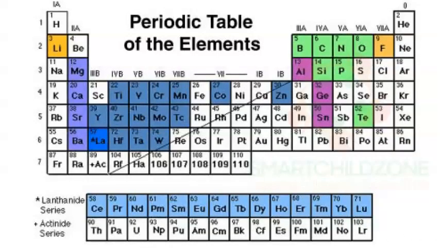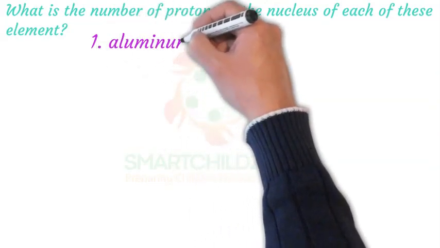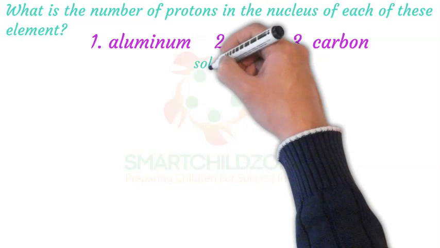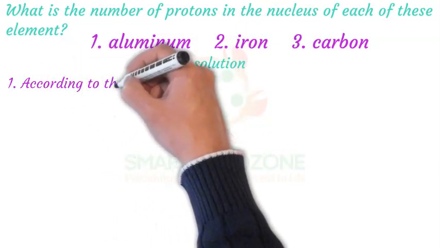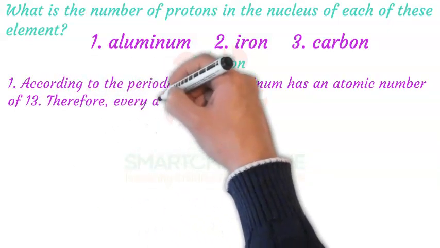From this periodic table, you can determine the number of protons in the nucleus of any element. What is the number of protons in the nucleus of each of these elements? According to the periodic table, aluminum has an atomic number of 13.